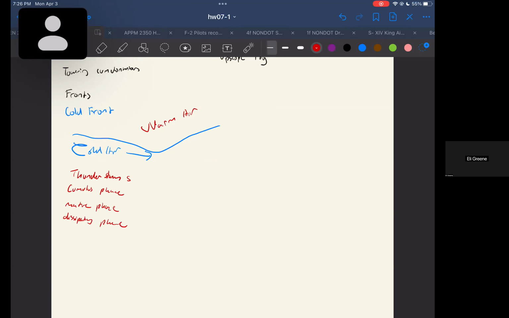The cumulus phase is where you have those cumulonimbus clouds that are rising, those towering cumulus clouds. The mature phase is where the thunderstorm has risen enough and it starts to create precipitation, and that's where you have significant updrafts and downdrafts.